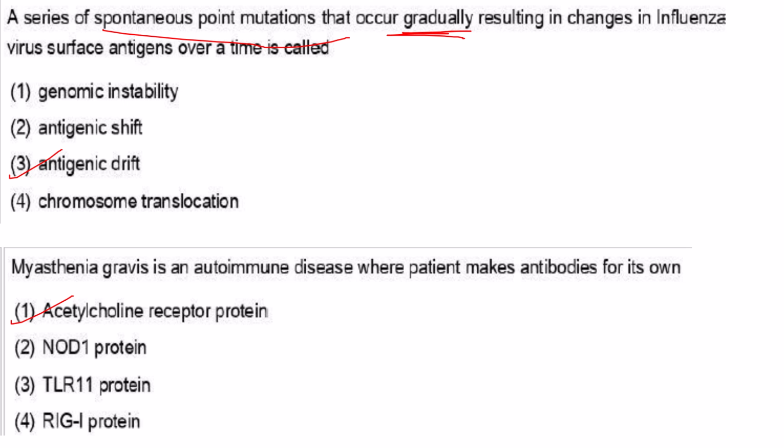TLR11, that is toll-like receptor 11, recognizes bacterial flagellin and activates immune response. RIG-I, retinoic acid inducible gene 1, is a protein that recognizes viral RNA and activates immune response.